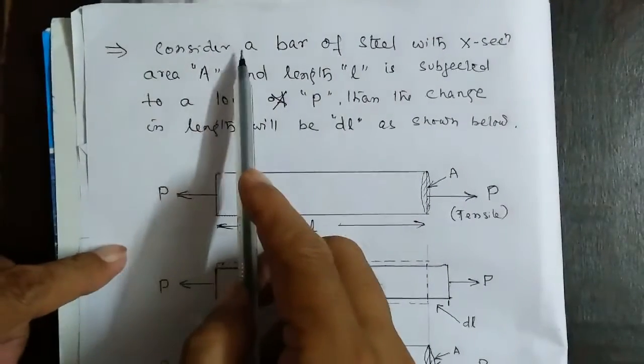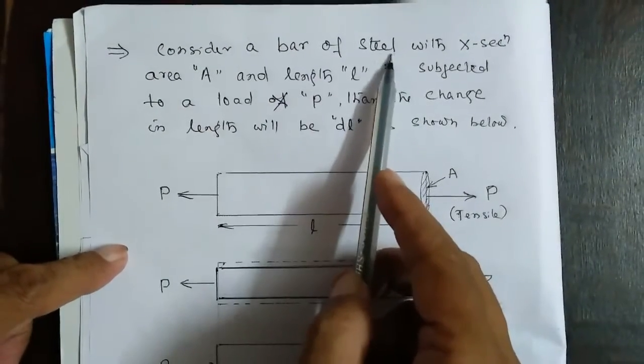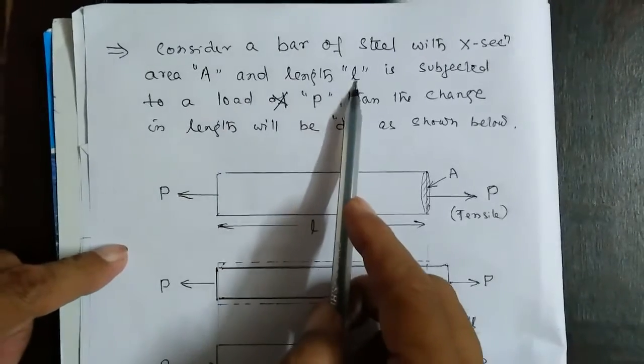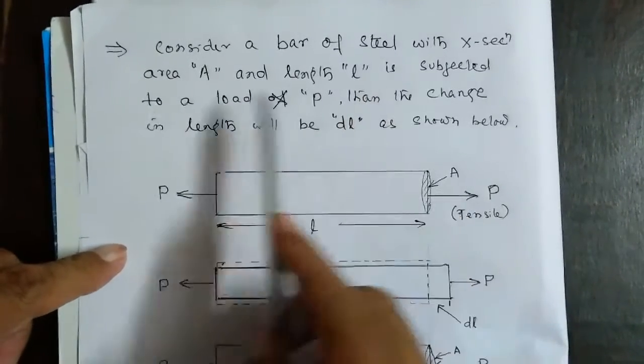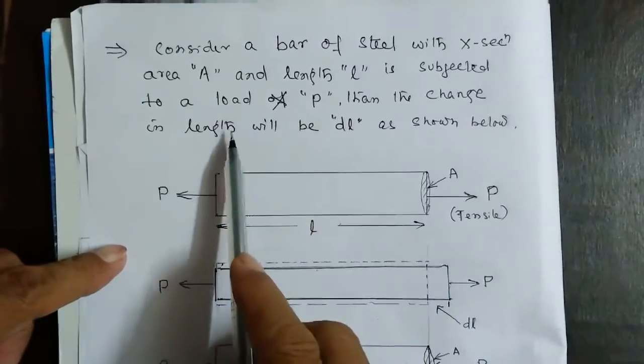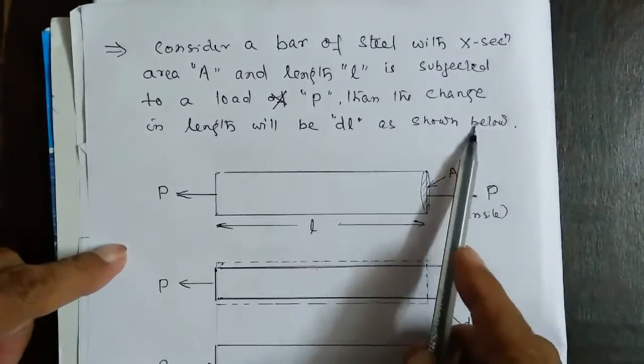Now consider a bar of steel with cross-section area A and length L subjected to a load P. Then the change in length will be dl as shown below.